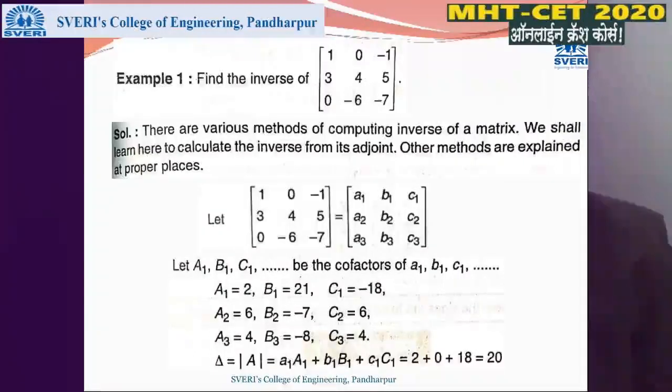A1 is equal to 1, B1 is equal to 0, C1 is equal to minus 1. Similarly A3 is equal to 0, B3 is equal to minus 6, C3 is equal to minus 7. By using this we can find the cofactors and determinant. How to get the determinant? 1 into the minor of 1, minus 0 into the minor of 0, and minus 1 into the minor of C1.